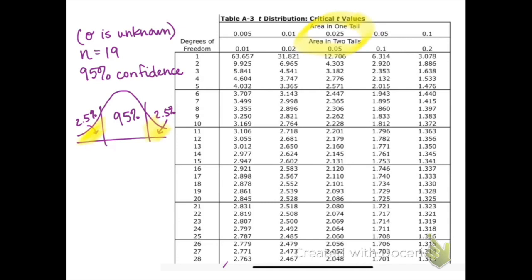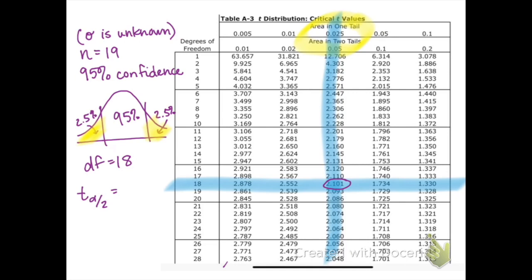Our degrees of freedom in this case would be 18 because our sample size was 19 and we subtract 1 from that. So we look at the row that has 18 degrees of freedom, and then the value that intersects with our level of confidence. Our critical t-score in this case would be 2.101.